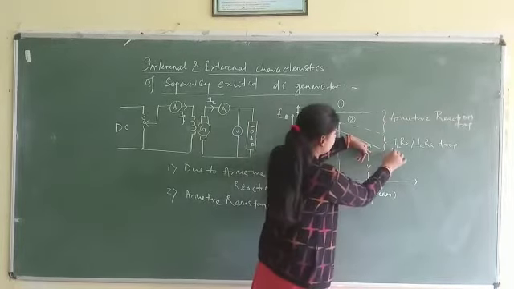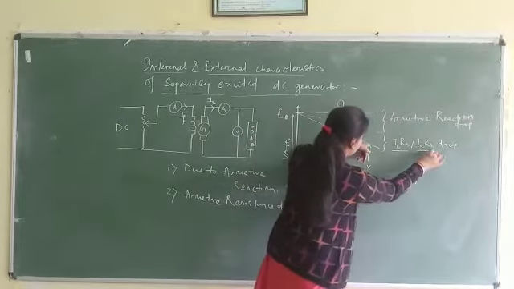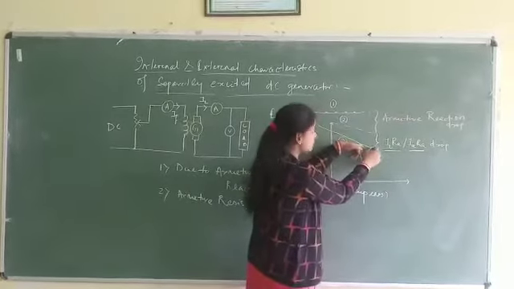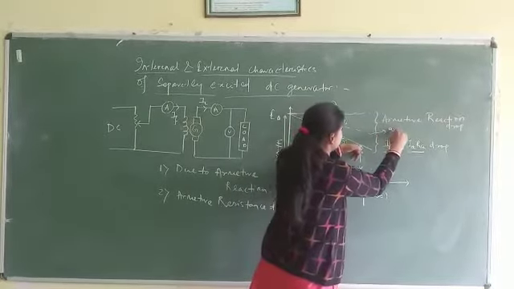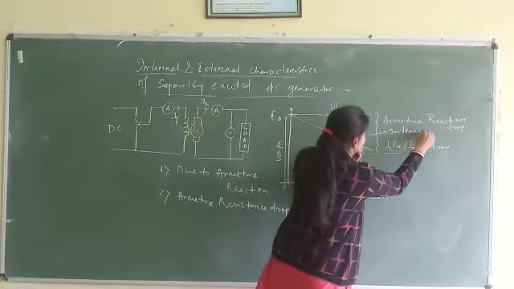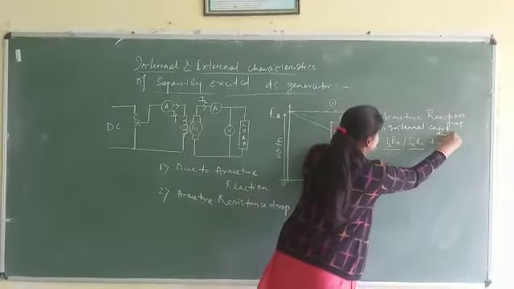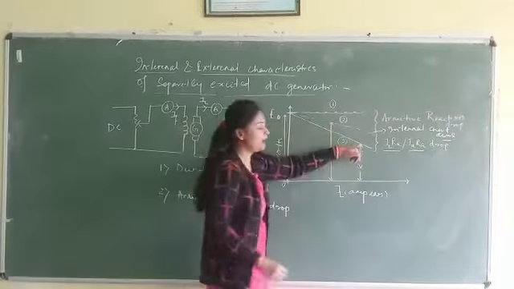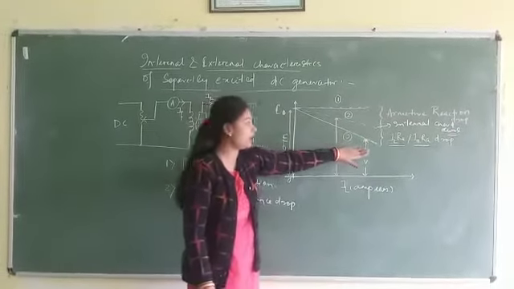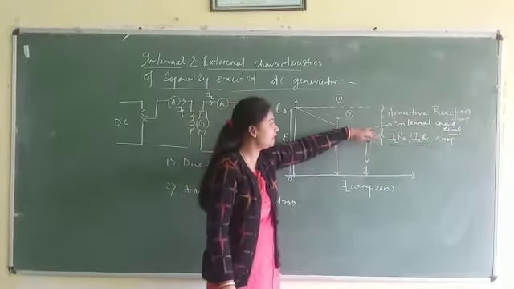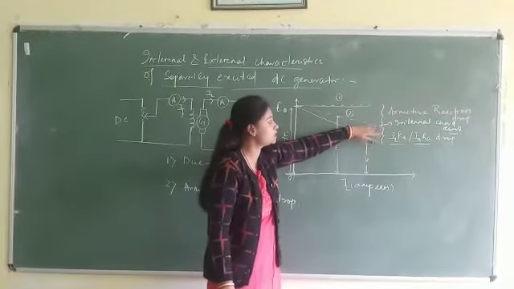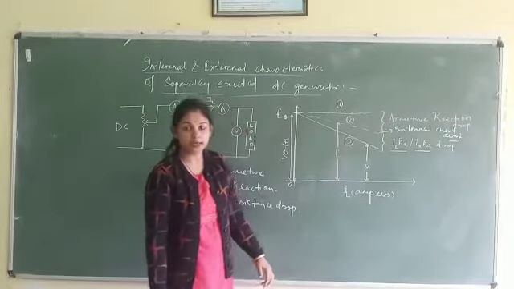If we add the I_L R_a drop, or I_a R_a drop, to the external characteristics, then we get the internal characteristics curve.